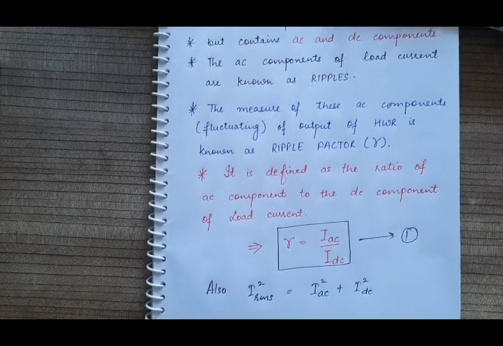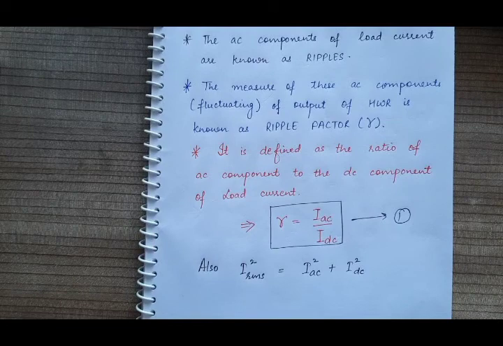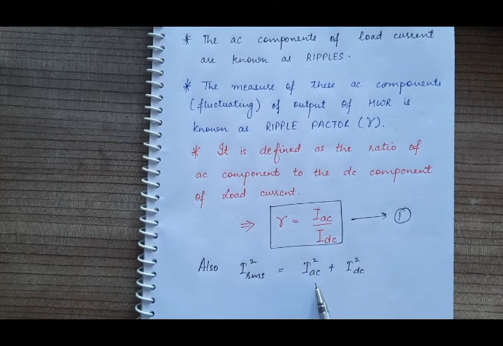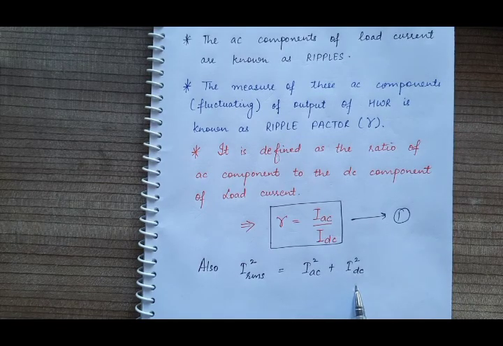So gamma, the ripple factor, is the ratio of IAC and IDC. We have calculated IDC and we have calculated the root mean square current. The square of the root mean square current is the square of the AC current plus the square of the DC current.